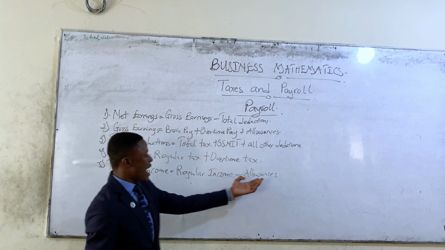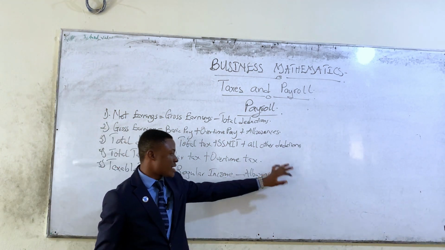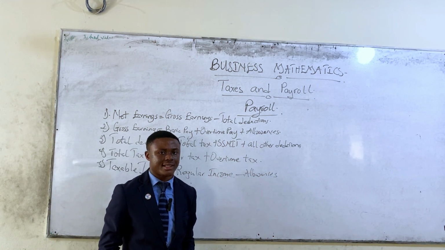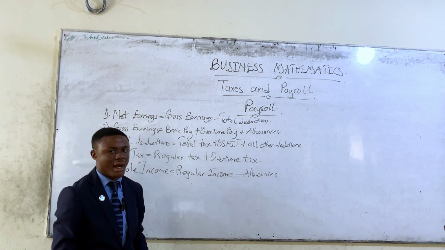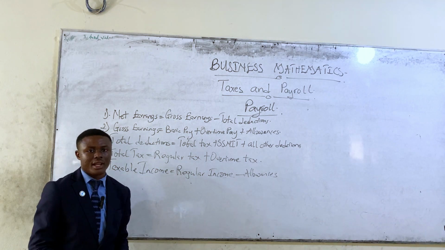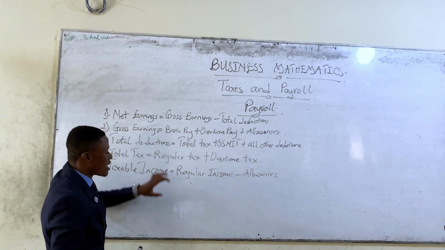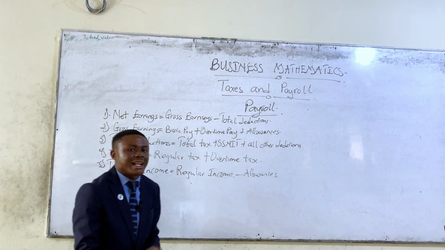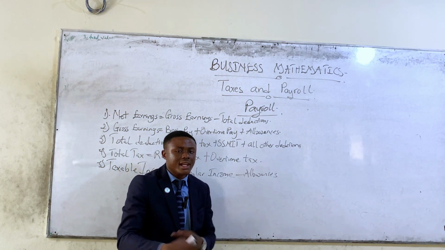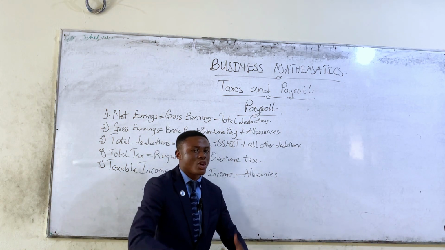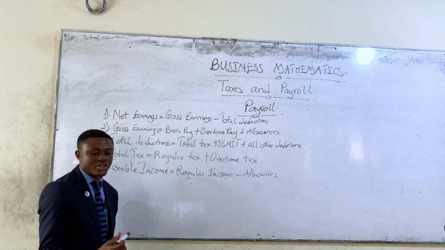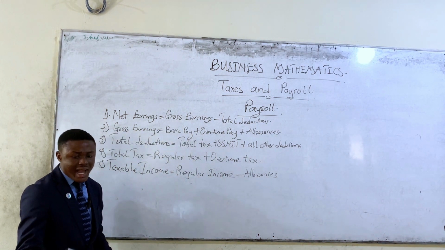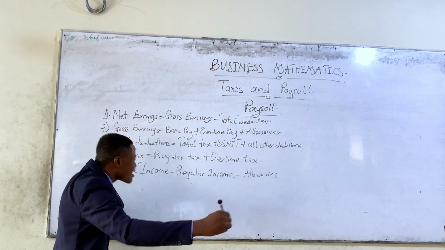These allowances are the tax allowances I talked about. So you subtract the tax allowances from your regular income to get your taxable income, meaning income that can be taxed or that we can calculate tax on. Are we good? Great.